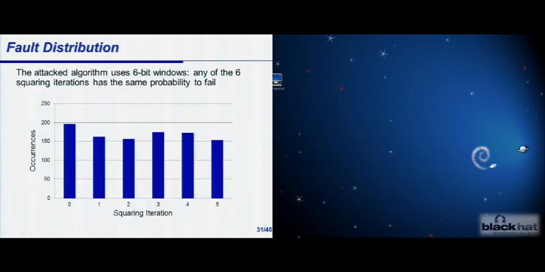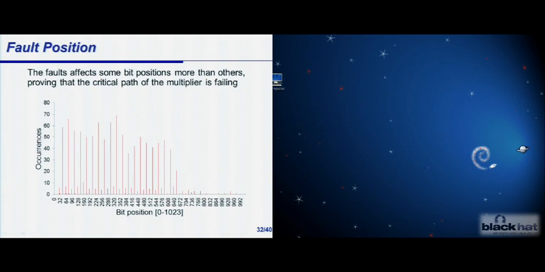By doing analysis of all the signatures we collected, we found that the faults were fairly equally distributed among all the 6 squaring iterations of the signature calculation. And then finally, we discovered one thing, which after observing it, we could actually justify.